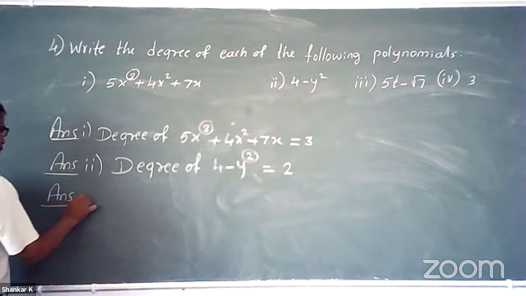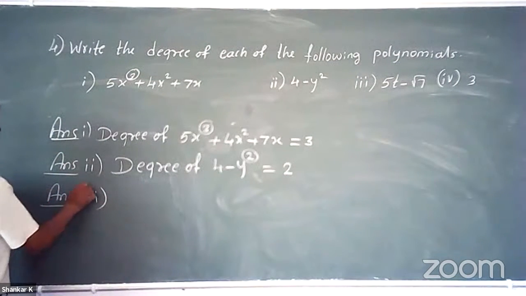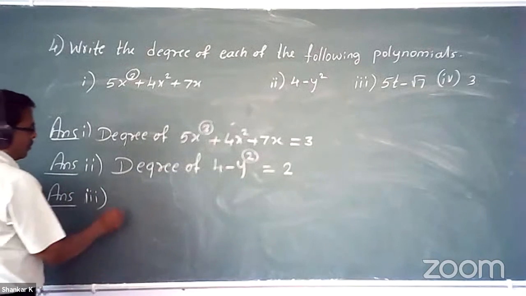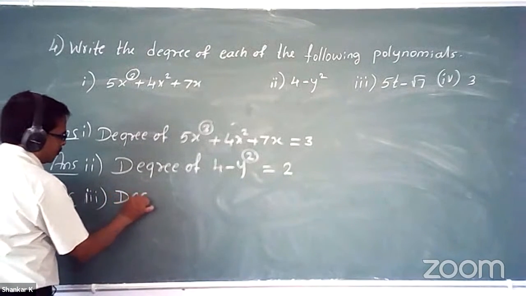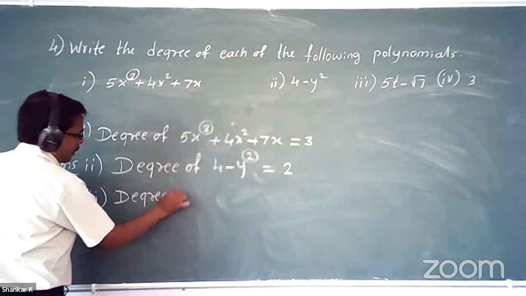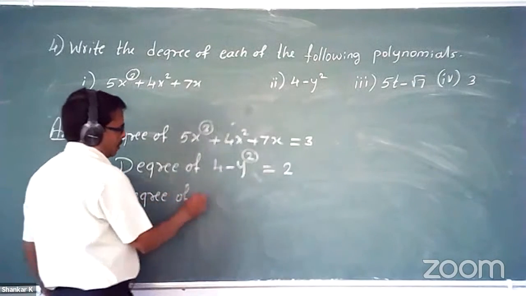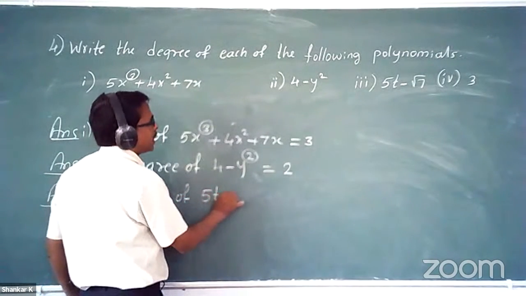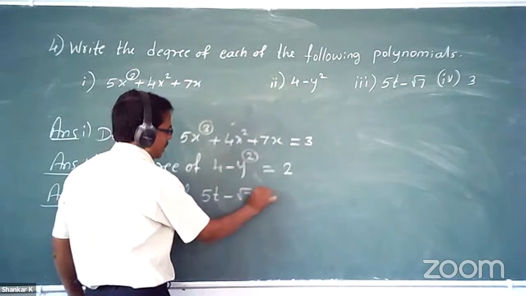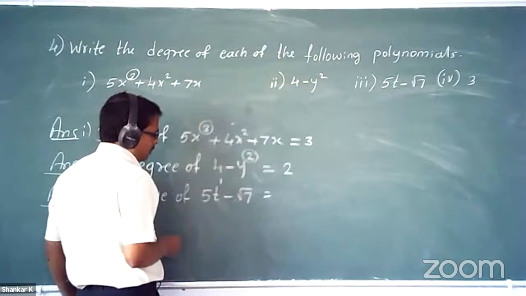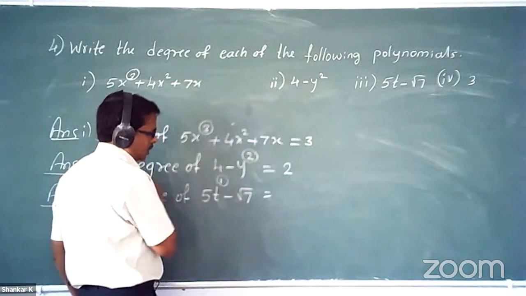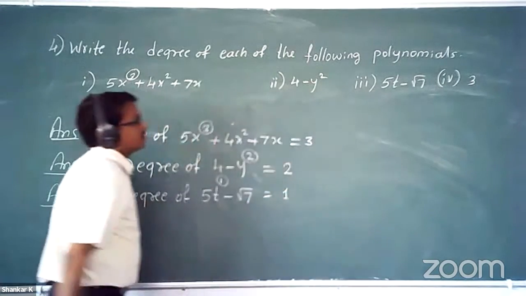Answer number third. Degree of 5t minus root of 7: the exponent of t, or power of t, is 1 here. So degree is 1.